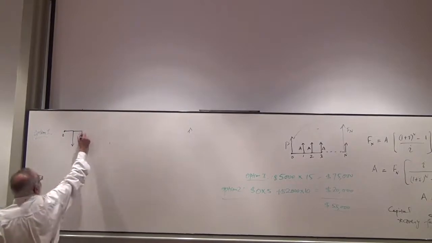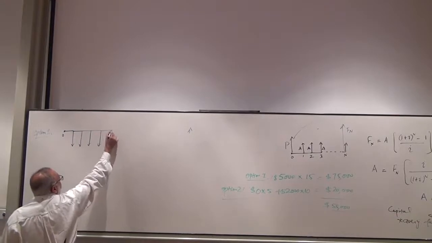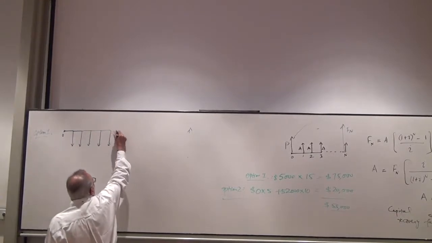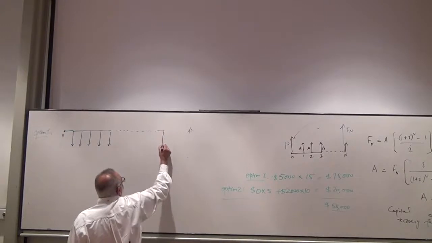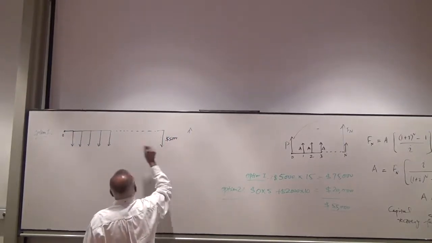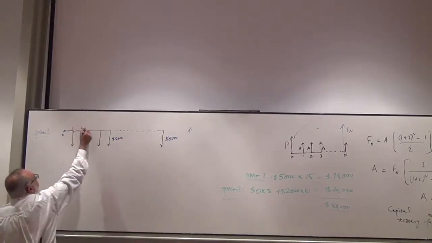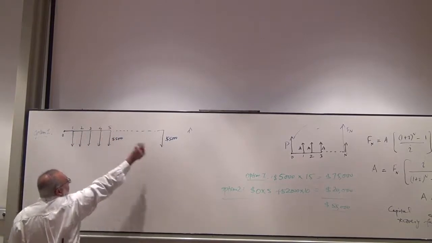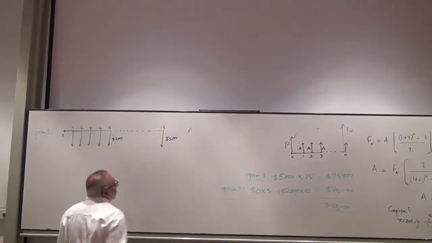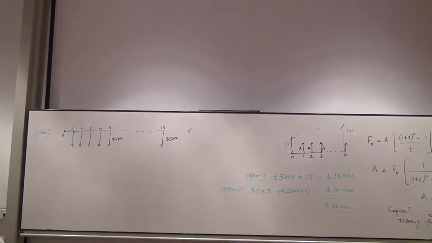So we have each year 1, 2, 3, 4, 5, and up to the 15th year, $5,000 each year. For the 16th year, as I said, the two options become the same, only one option. So we have option number 1.